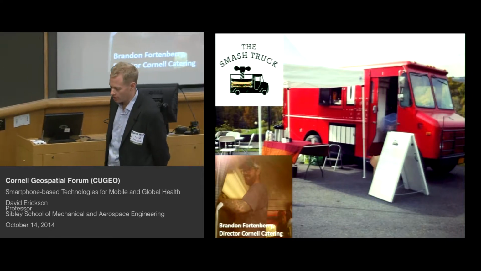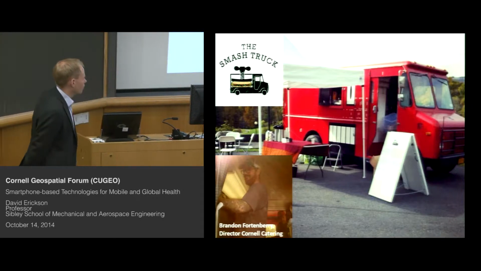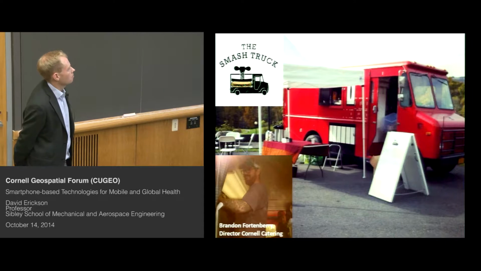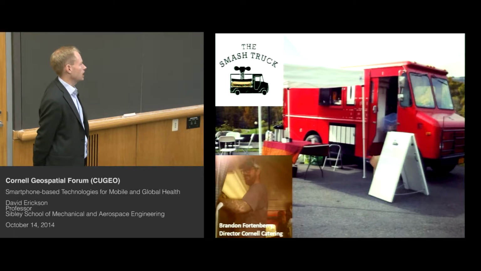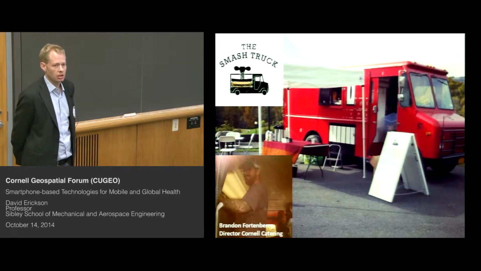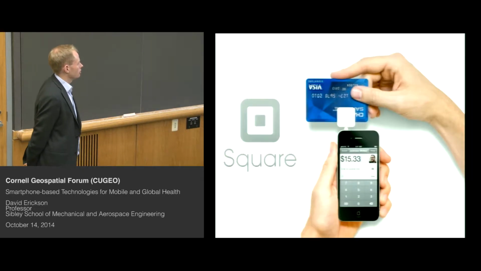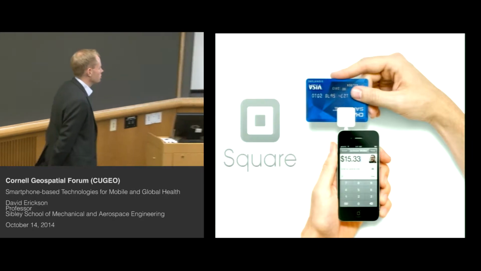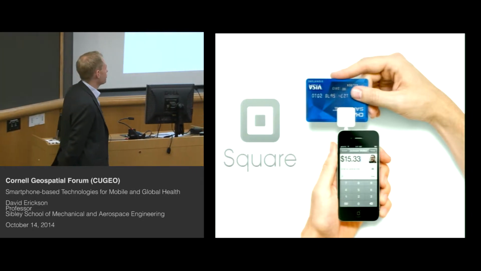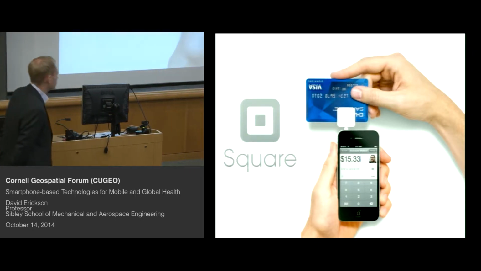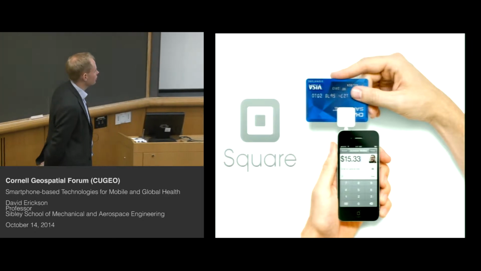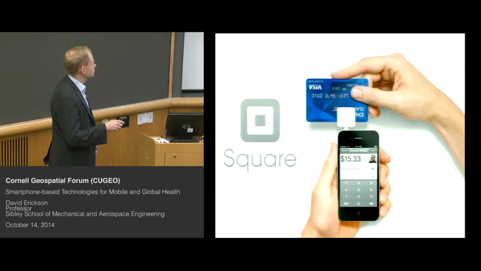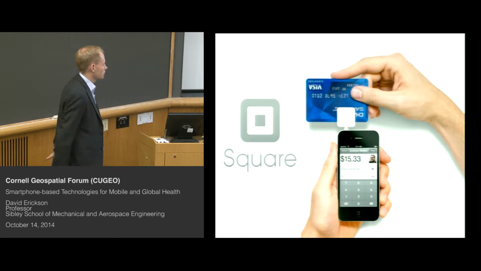So a good startup from several years ago made the leap in being able to allow smartphone-based credit card payments. It's called Square. This image is extremely clear in what it enables, right? I buy that little thing at the top there, put it on, sorry, my thing isn't particularly bright.